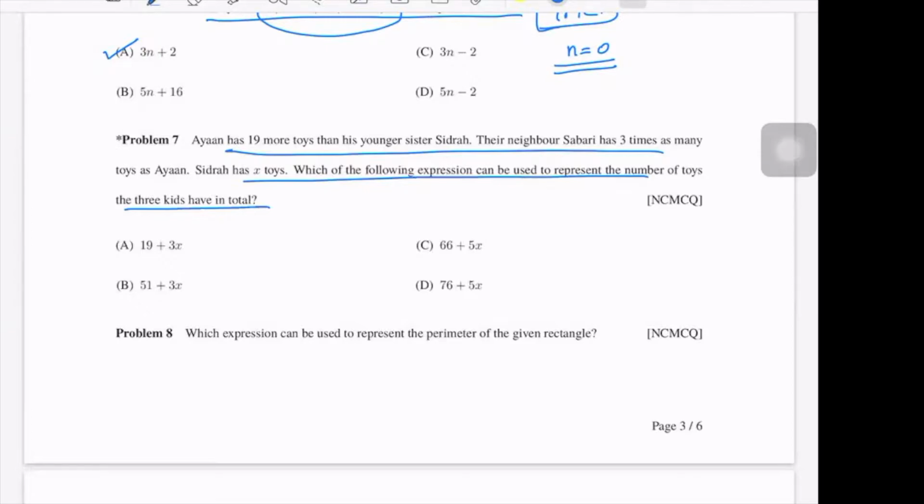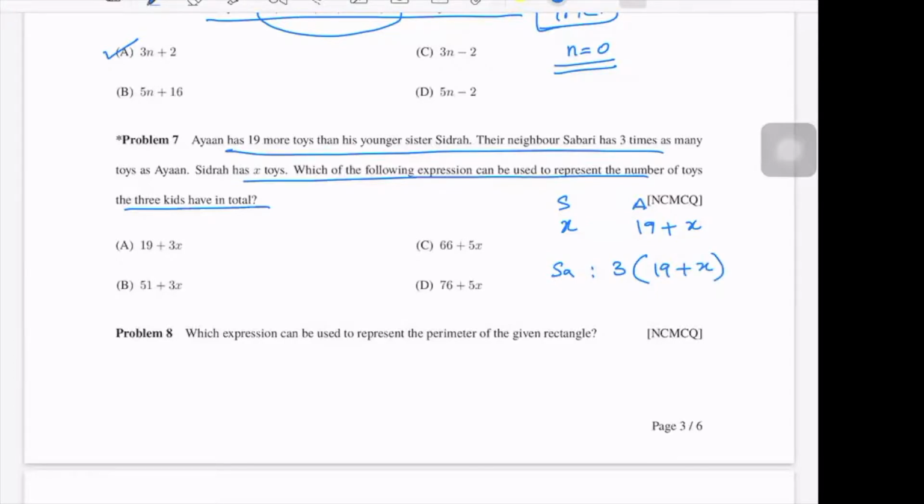If Sidra has X toys, Ayan has 19 plus X toys, and Sabri has 3 times as many toys as Ayan, so it is 3 times (19 plus X).